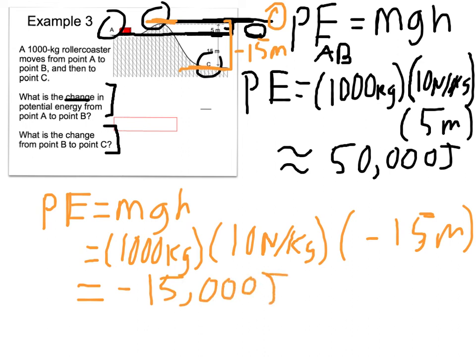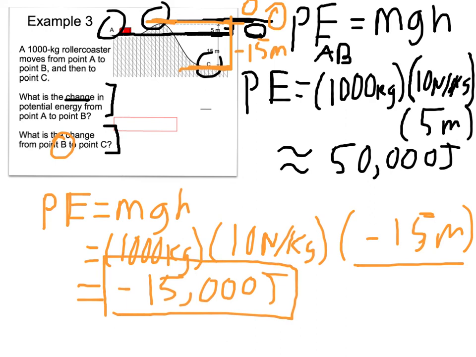Now it became negative because I set B, the first point the problem gave me, at 0. So I called B 0, and then from B, which is 0, to C was down 15 meters, negative 15 meters, and multiplied out about negative 15,000 joules. The change was negative because you had more potential to fall at the top than you did at the bottom, so you lost some potential to fall.